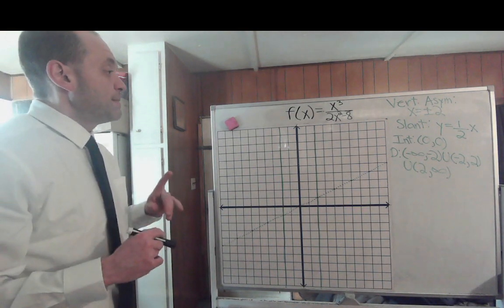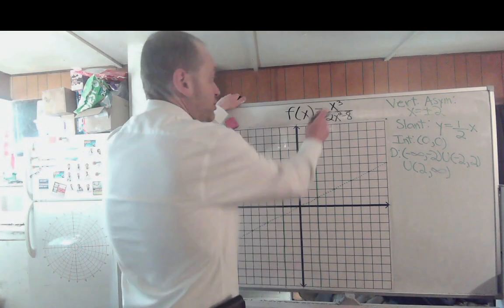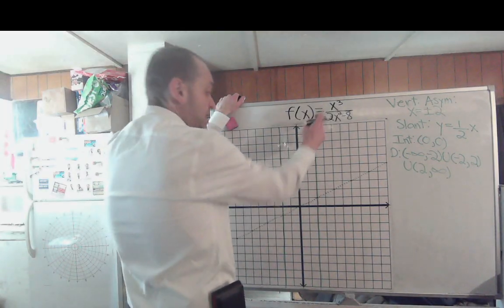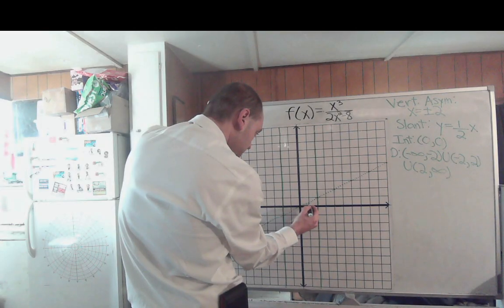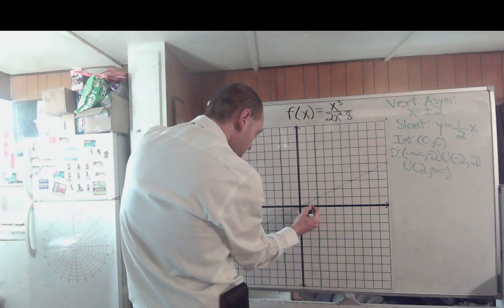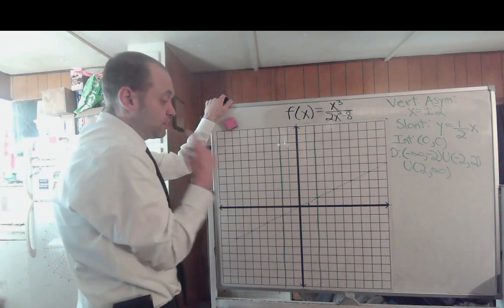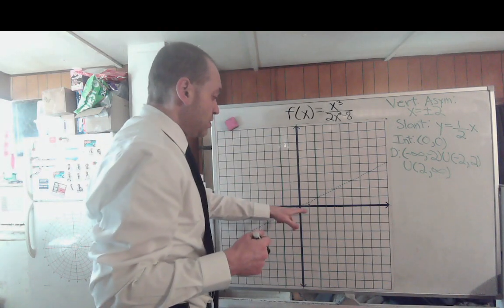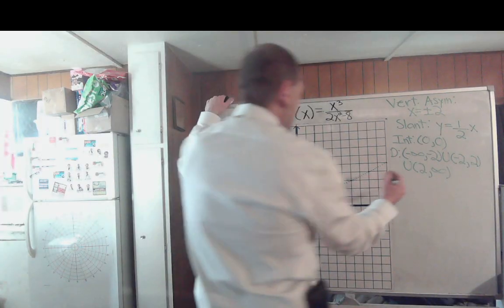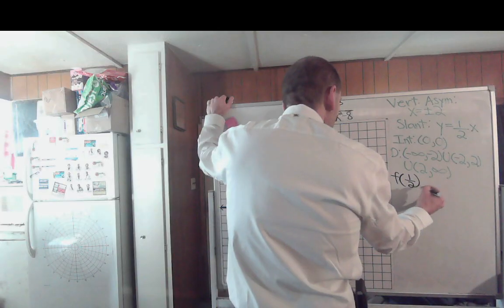Let's say I put in 1. If I put in 1, I'll literally end up getting 1/10. I'll have a y value of 1/10, which would be really low, right about there. If I put in, well, I can't put in 2. What if I put in 1/2 for x? So let me take f of 1/2. What's that going to give me?